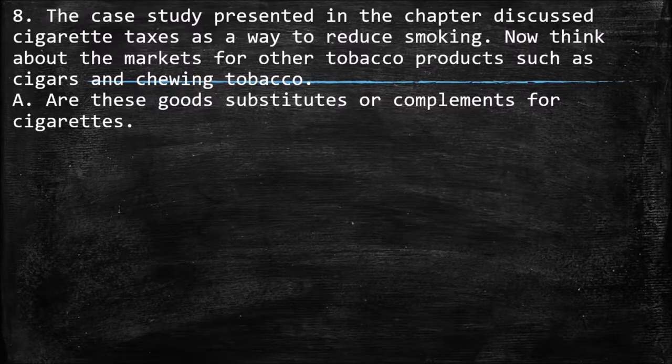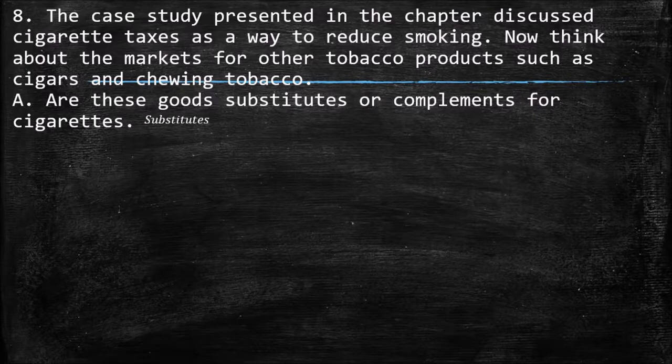Now the next point. The case study presented in the chapter discussed cigarette taxes as a way to reduce smoking. Now think about the markets for other tobacco products, such as cigars and chewing tobacco. Are these good substitutes or complements for cigarettes?